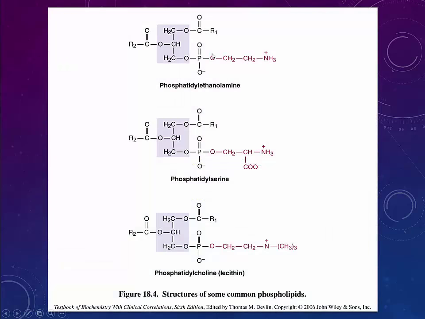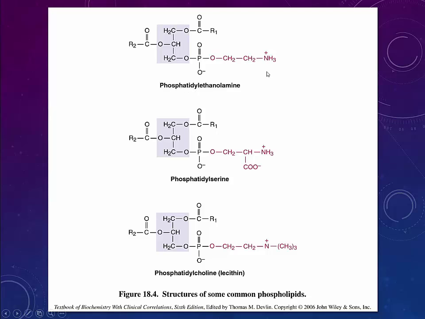So here are a few examples of just some common phospholipids. I'm just showing you the generalized structures. So here we have our glycerol backbone. We see that's highlighted here in gray. And the fatty acyls are listed as R1 and R2. These are just going to be some sort of fatty acyl chain. And then we have our phosphate group here. And then we have some sort of labeling. So this is phosphatidylethanolamine.